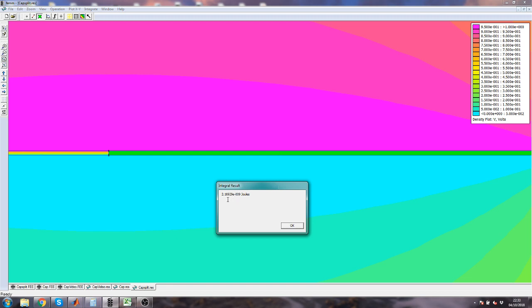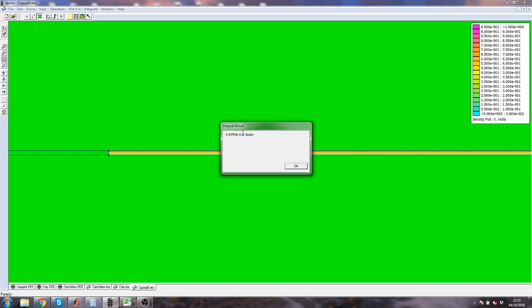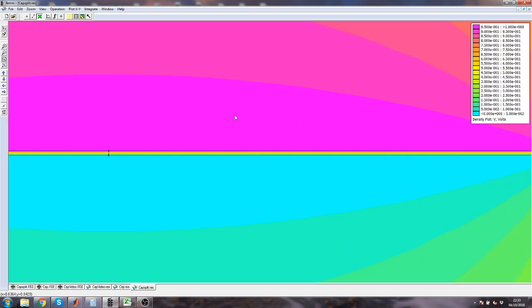But we can see the stored energy, which is enclosed in this volume, is about 2 times 10 to the minus 9 joules. And if we look back at the stored energy in the air enclosed volume, it's half an order of magnitude less. And of course the ER here is 1 and the ER here is about 5.